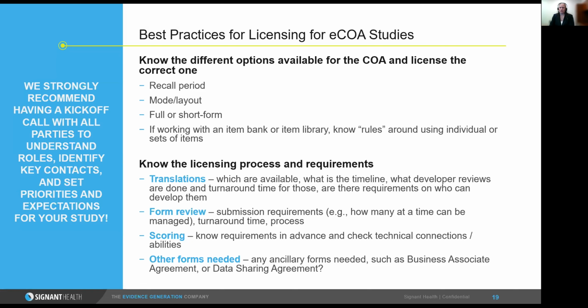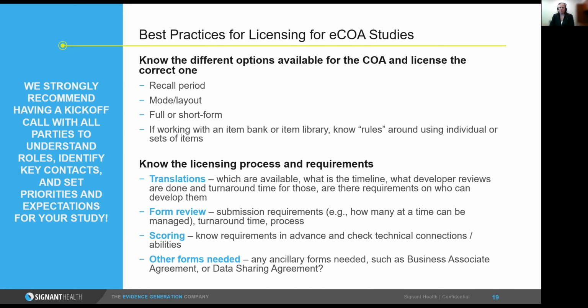That might involve the developer, the translation group, if that's a separate group, and if it's needed, the ECOA company or vendor, and the group that's going to be using the tool later, and really keeping those open and being very up to date on any timeline changes and any prioritization changes can really help ensure that you stick to the right timelines. And it also helps who's going to be doing what when.